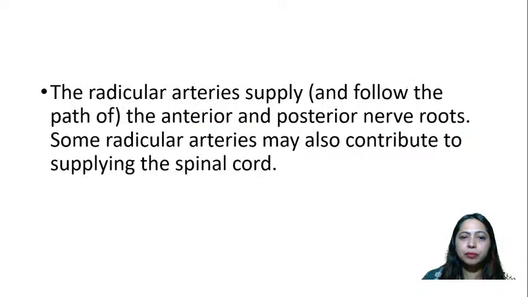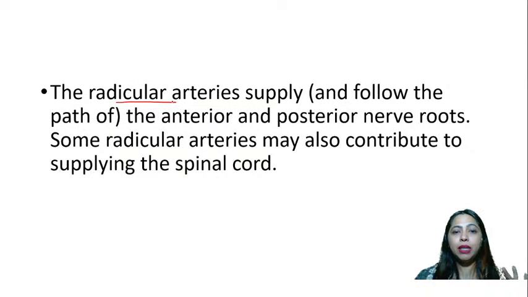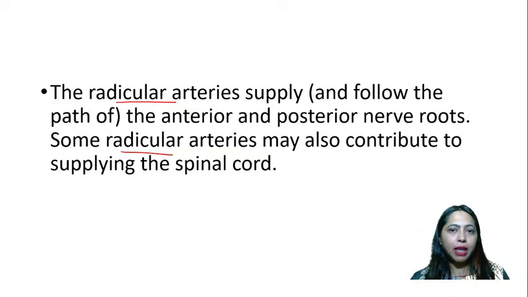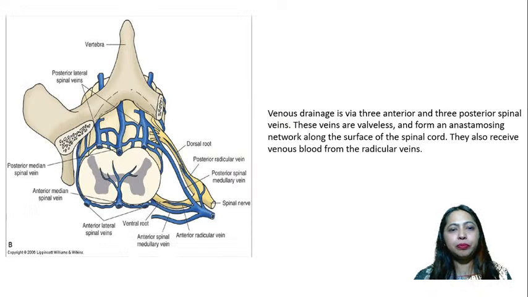Other than that, I told you there are radicular arteries, which are basically the ones which follow the same path as the nerve roots. You have dorsal nerve root, you have ventral nerve root. It follows the same path as these nerve roots. And these radicular arteries may also contribute to the spinal cord supply, but not as much as the other segmental arteries.